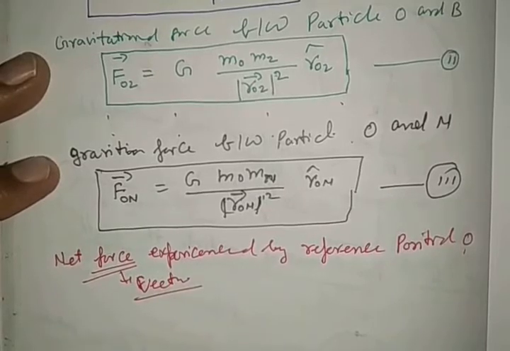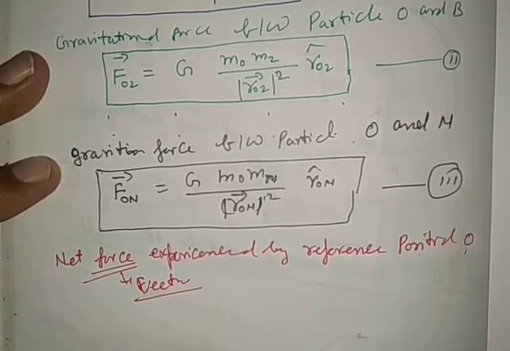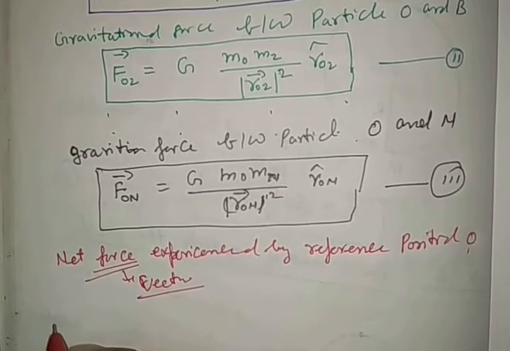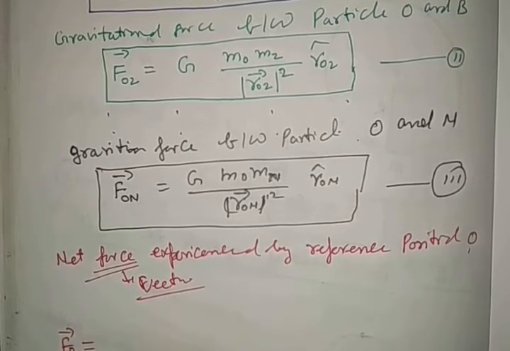So net force is a vector sum of these. So by adding vectorially, this equation can be written as net force F0 acting on this, equal to the sum of all.